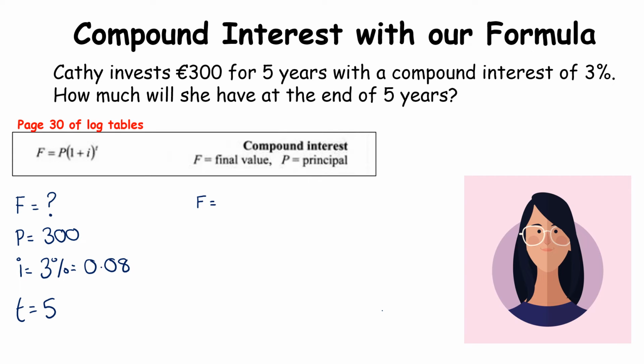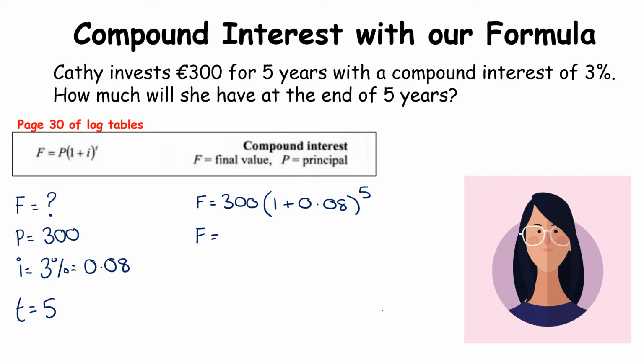F equals 300 times 1 plus 0.03 to the power of 5. Now, you can put that straight into your calculator, exactly as we have it there on the screen. You have an x to a power button, which basically allows you to put in any power you want. So you can put in your power 5.